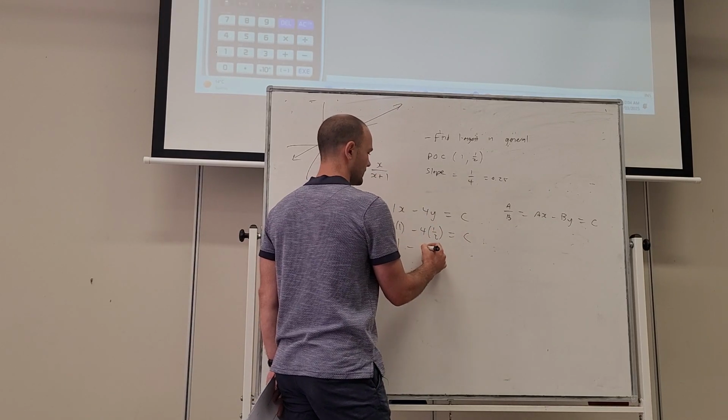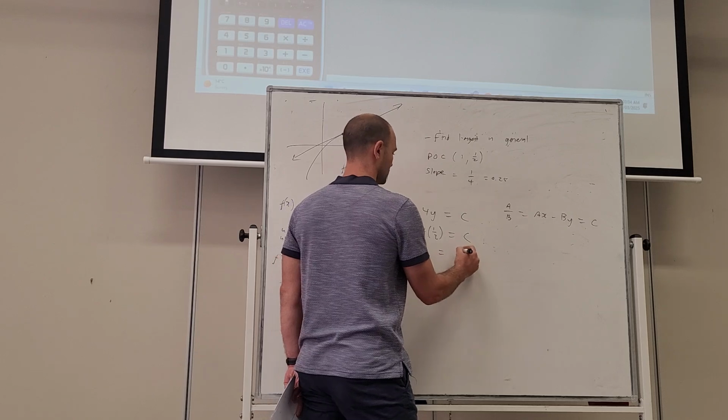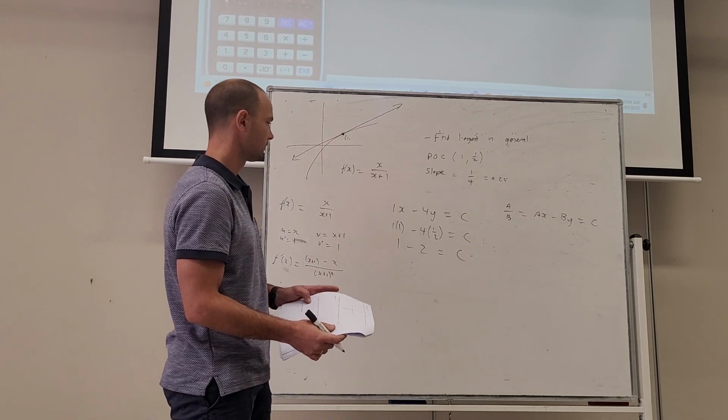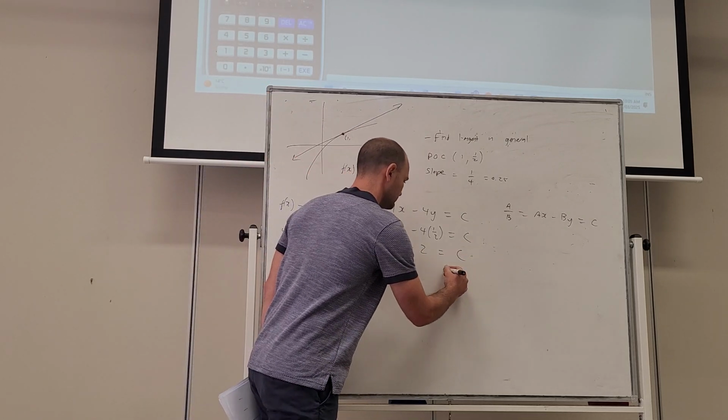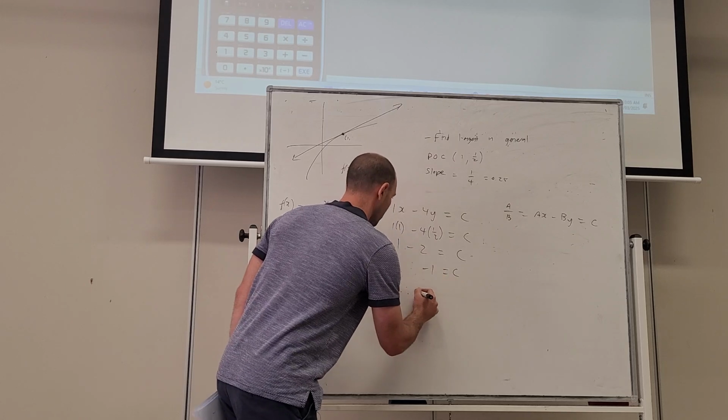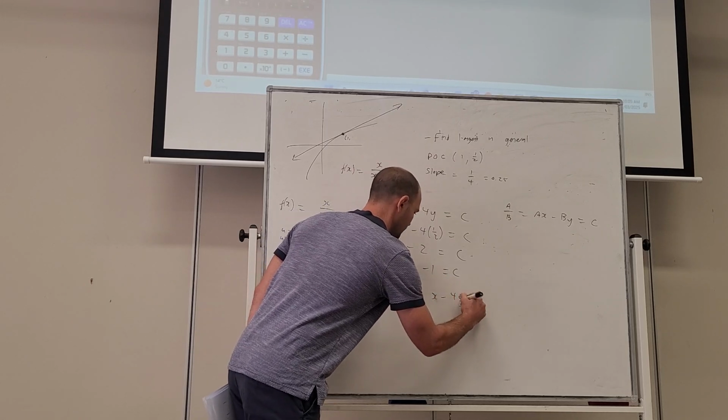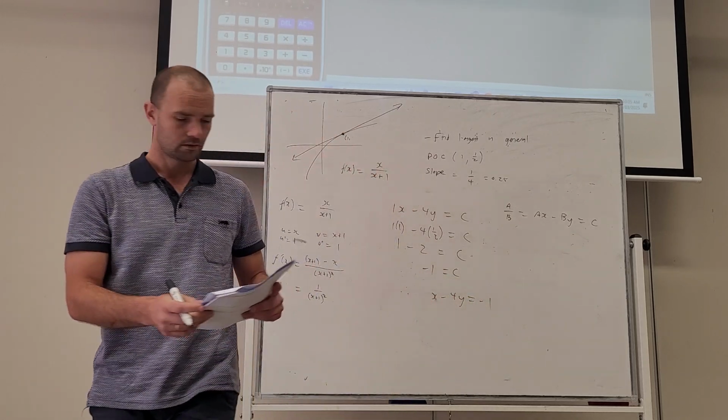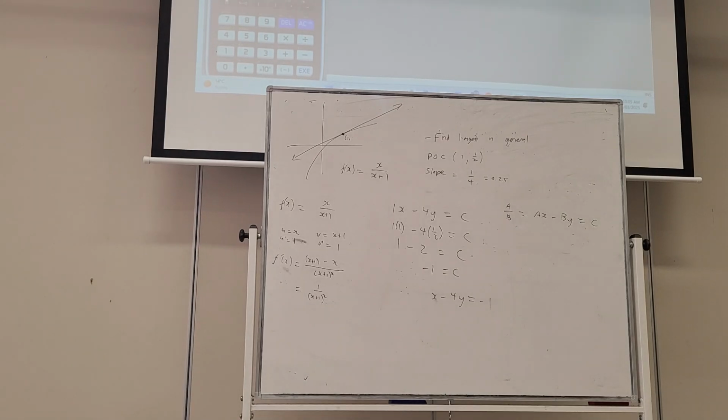And so we have 1 take away 2. C is minus 1. Therefore, x take 4y is minus 1. Alright, so we get our 2 marks. QED, if you like. As required is not required.